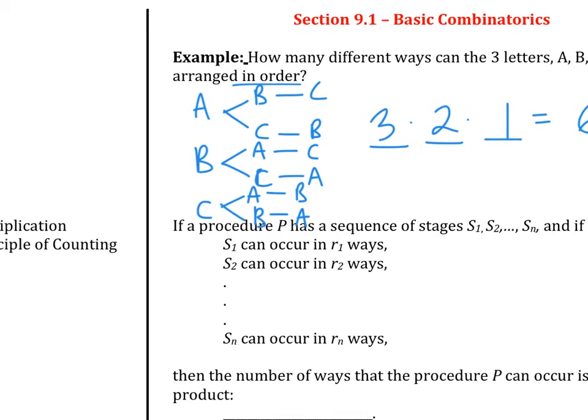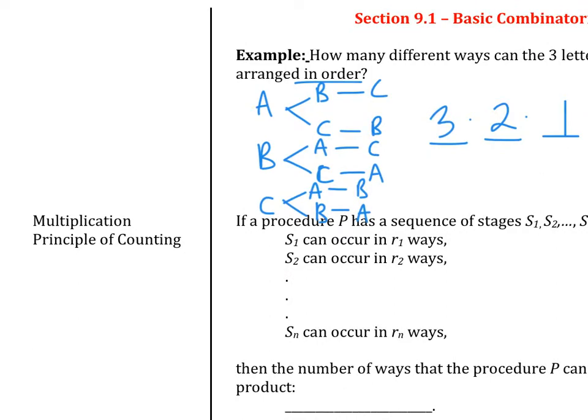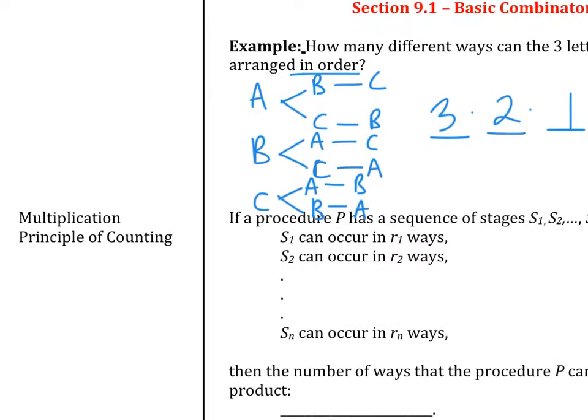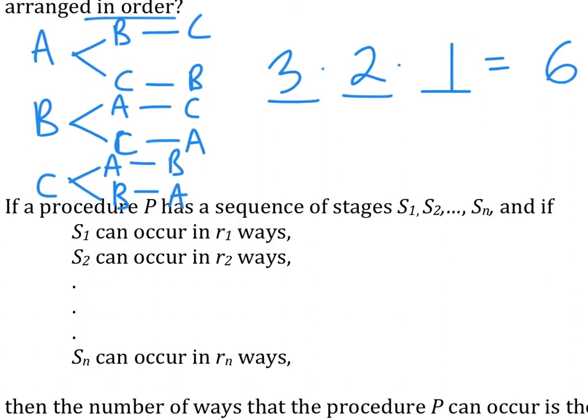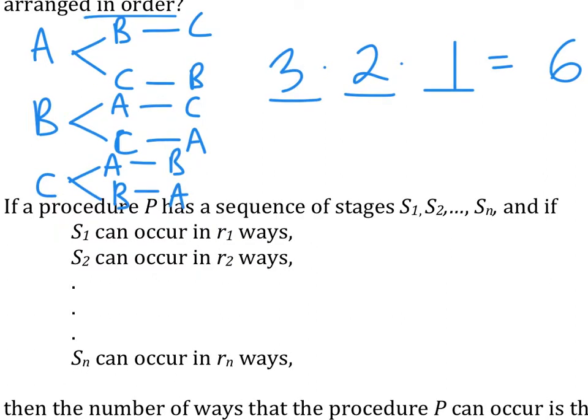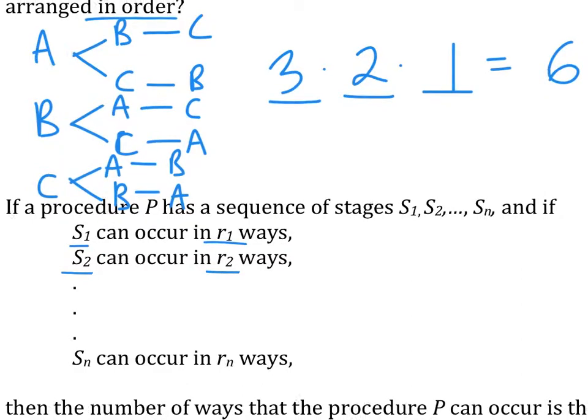So this is called the multiplication principle of counting. If there's a procedure P, and the procedure P happens in stages, it goes stage 1, stage 2, stage 3, and up to stage N. And stage 1 can happen in R1 number of ways, stage 2 can happen in R2 number of ways, and so on.